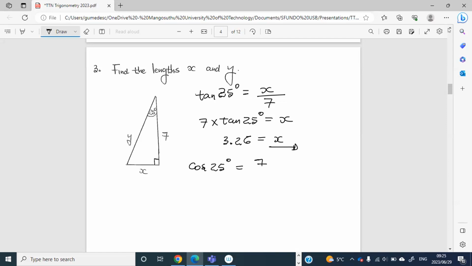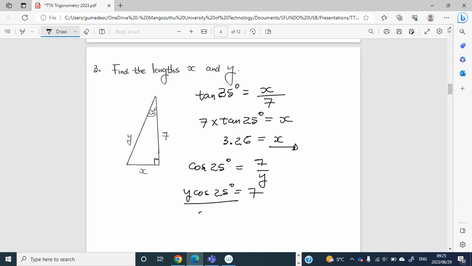It's cos. Hypotenuse is y. So I'll cross multiply again and say y cos 25 degrees is equal to 7. Like I said, I'm trying to be fast now.